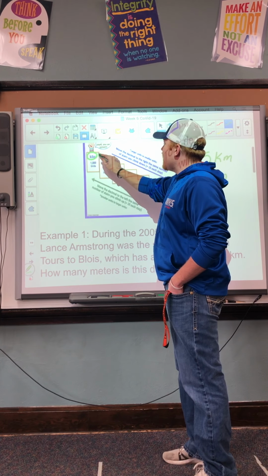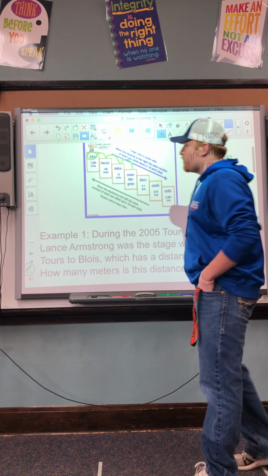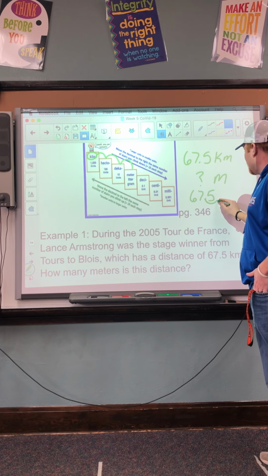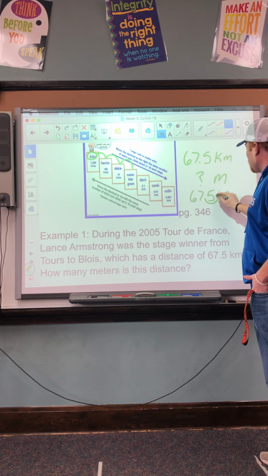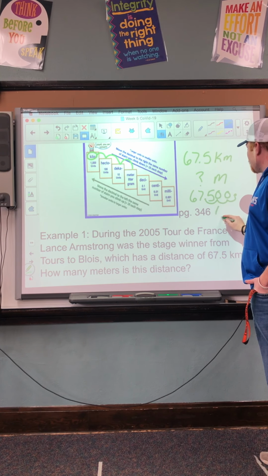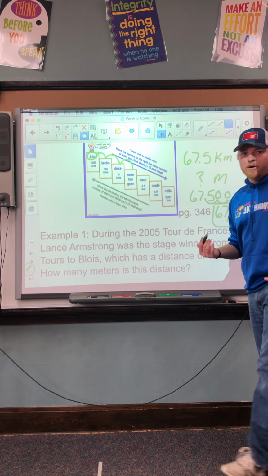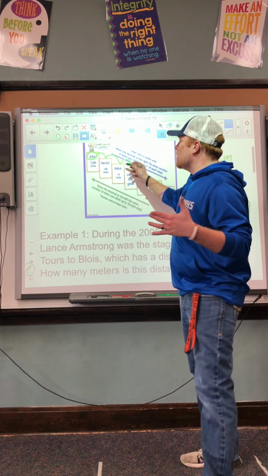The steps we take, 1, 2, 3 steps. So we move our decimal 3 places, 1, 2, 3, and each spot we put a 0. So the total amount of meters would be 67,400 meters. And then that would be your answer.